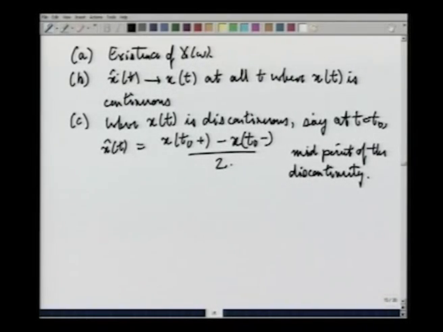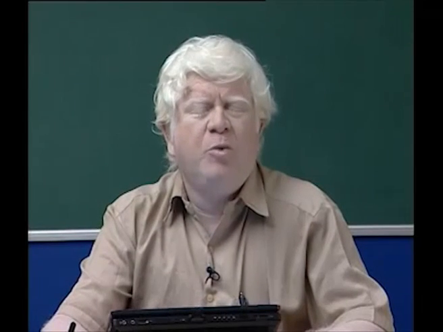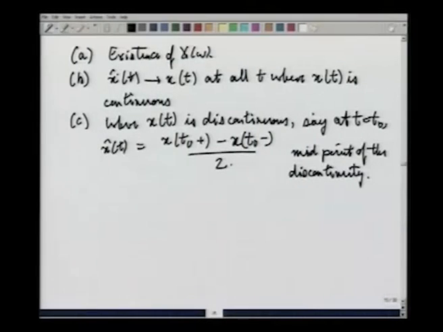So, at all points where x(t) is continuous, the reconstruction works perfectly. At only those points where x(t) is discontinuous, the reconstruction lands up at the midpoint of the two limits, the left and right side limits. This is what the Dirichlet's condition tells us.